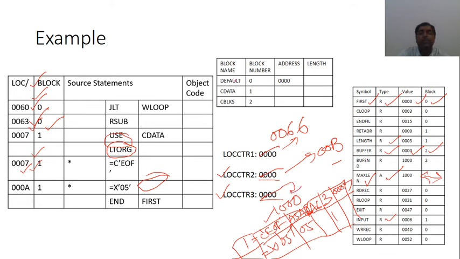You can see here default block number 0, start address is 0000, that is the starting address of the program. The length of this block is 0066. And the length of CDATA block is 000B. Length of CBLKS block is 1000.